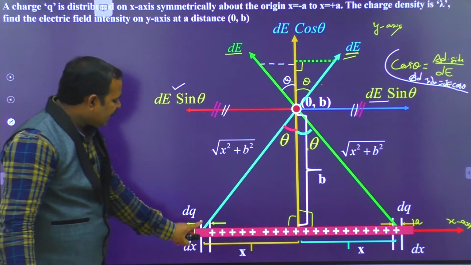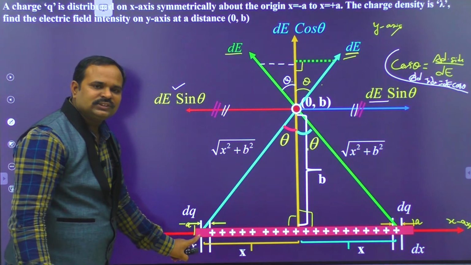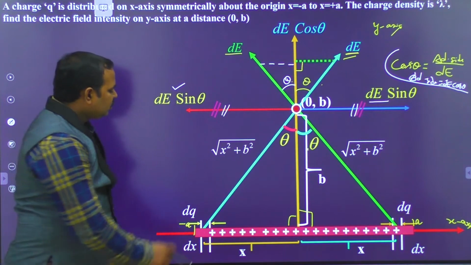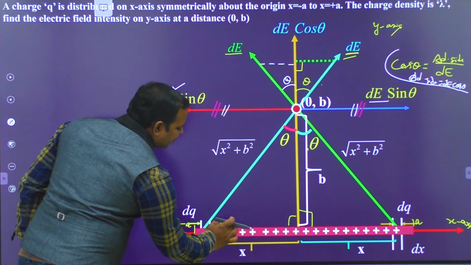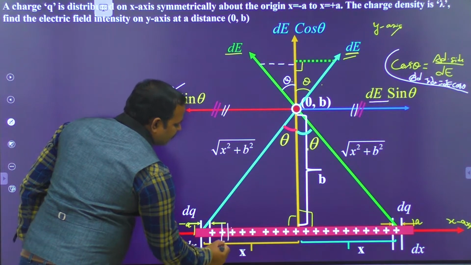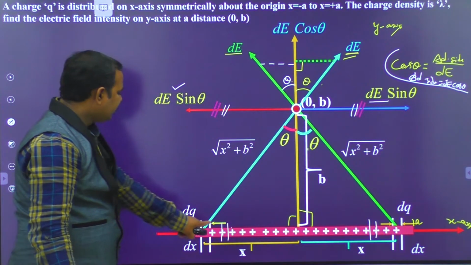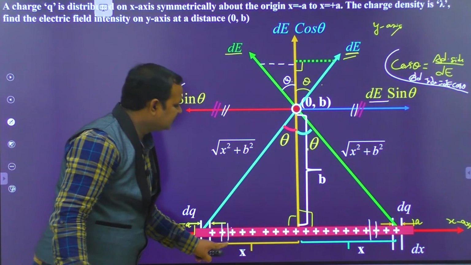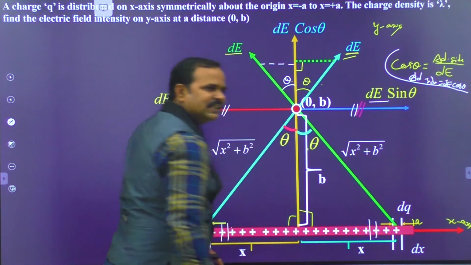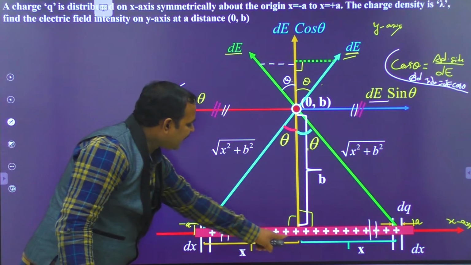Now if we are only taking this small charge here, you can even extend this small charge to here and here. The distance from here to here is again x, and from here to here is x. That's the reason why x is a variable.